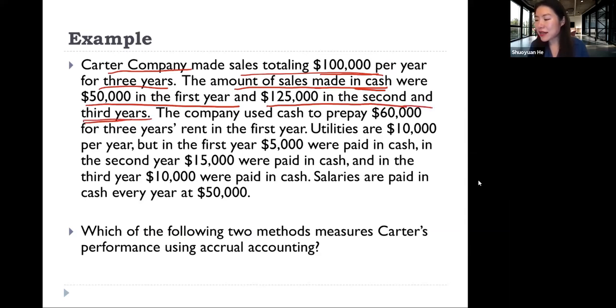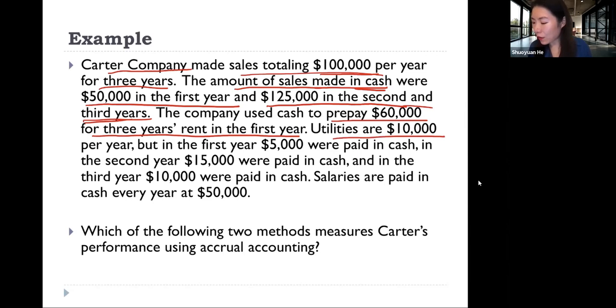As you can see here, the 50,000 of sales made in the first year was postponed to the next 2 years. The company used cash to prepay 60,000 for 3 years of rent in the first year. So all of the rent was paid in the first year.